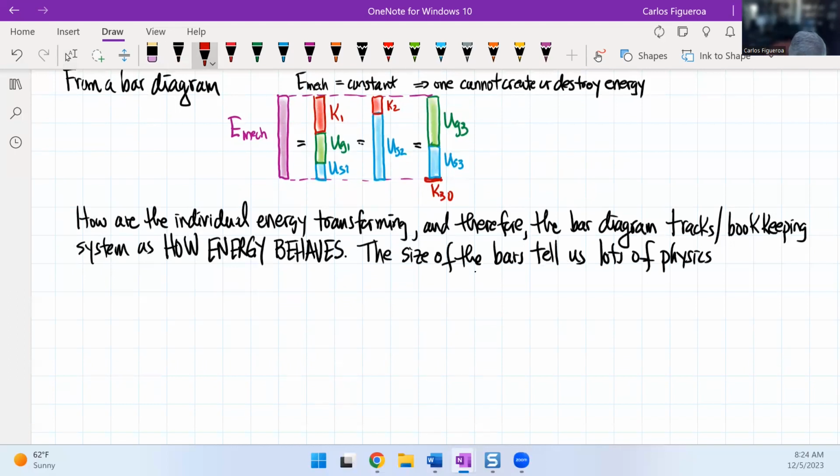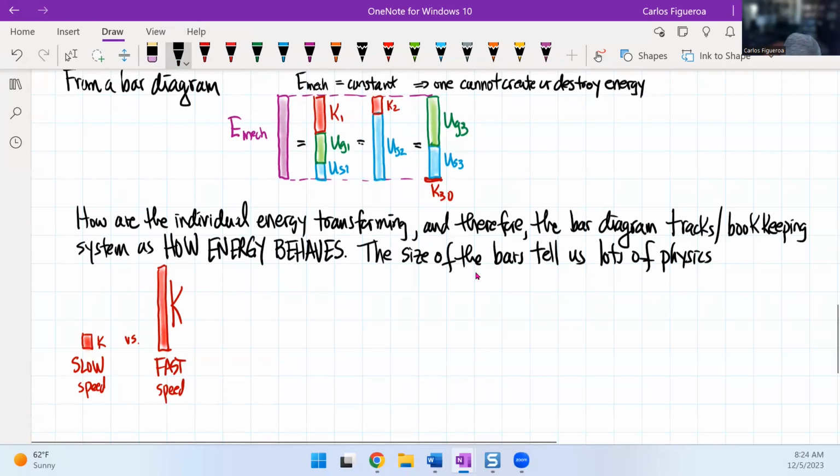For example, what if I have a little tiny bar for kinetic energy right now versus a bar that's large? If I look at this little tiny bar, it's going to tell us that this is a slow speed compared to this guy being a fast speed. So by using the bar diagram, we could talk about how fast an object is moving.